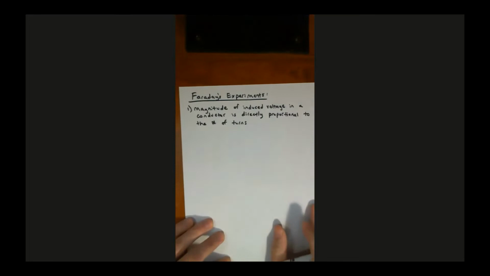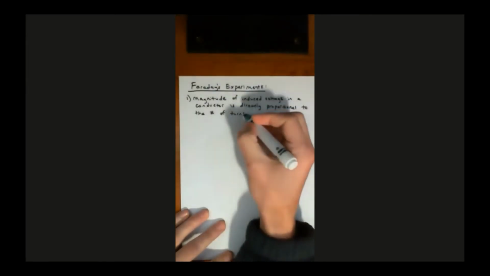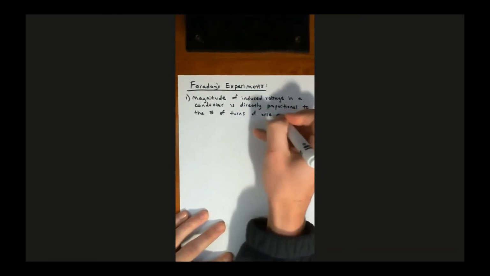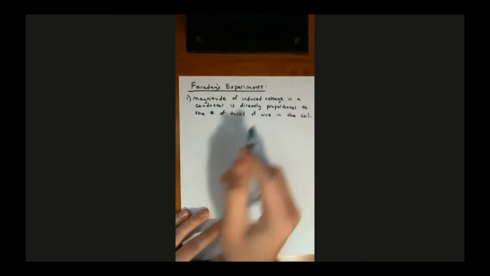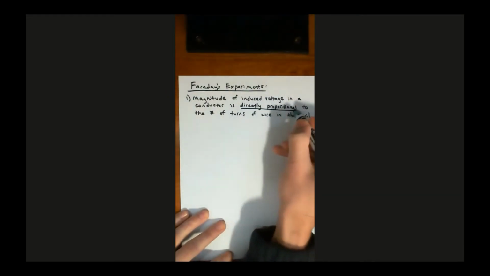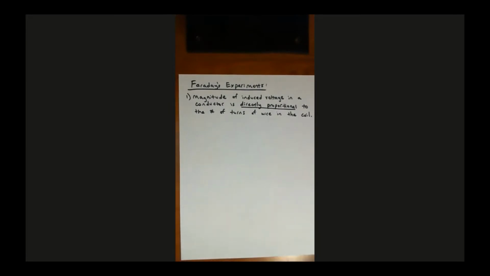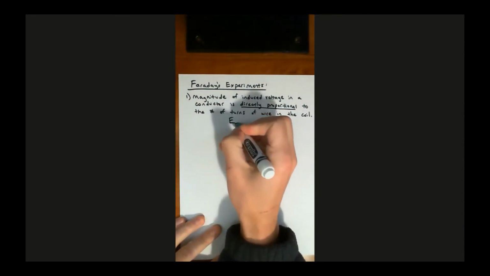You can also think about just loops. A turn is a loop of wire in that coil. The number of turns of wire in the coil. It's directly proportional to the number of turns of wire in the coil, which means if I double the number of turns of wire in the coil, I double the induced voltage. If I cut the number of turns of wire in half, then I would cut the induced voltage in half. And we can write this mathematically by writing E induced.